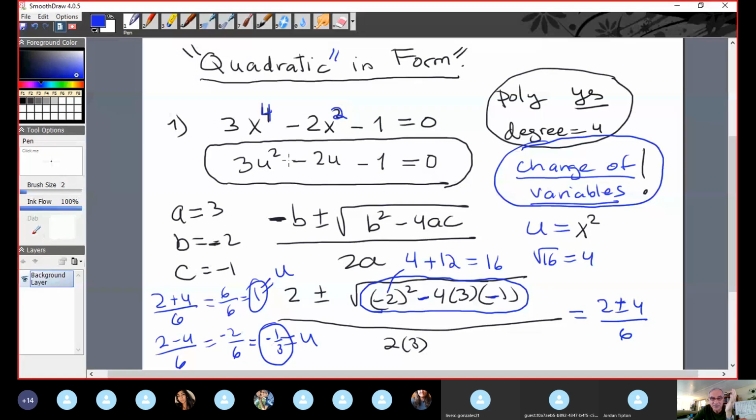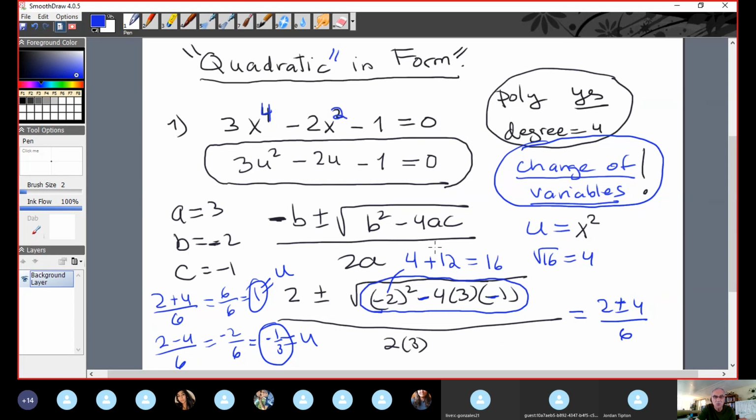This is not x, my original variable. No. 1 and negative 1/3 are u values. So I need to find the x values associated with these. But this is super, super easy. This is the easy part. The complicated part, I did that. Okay? Everyone follow me?